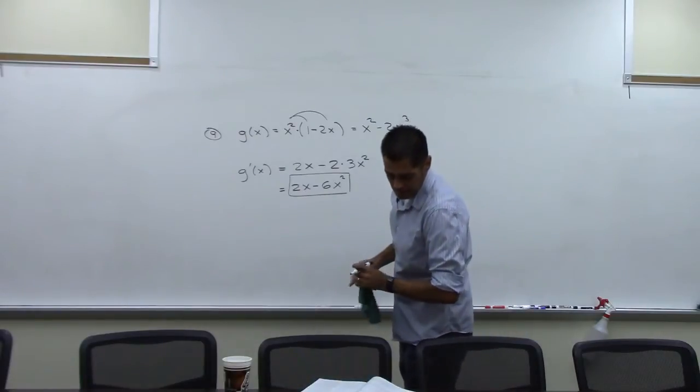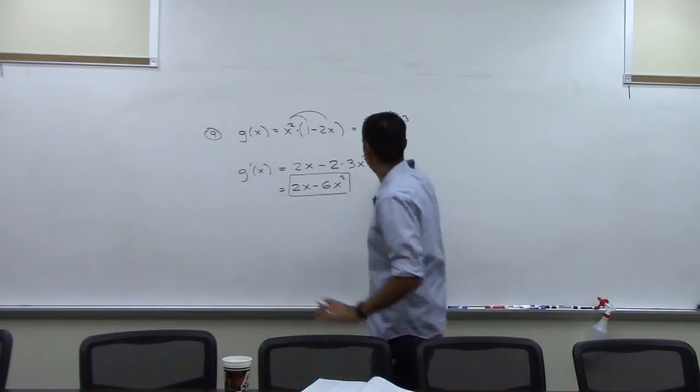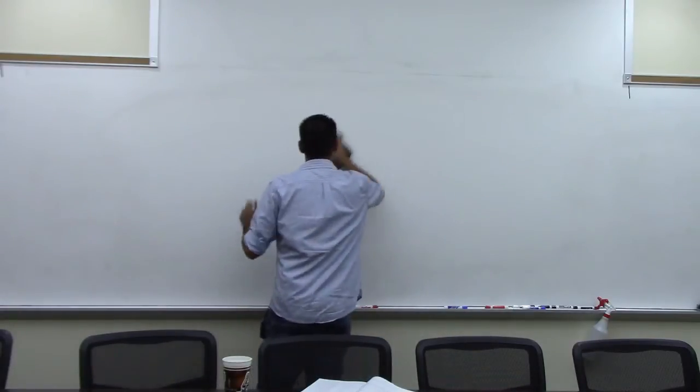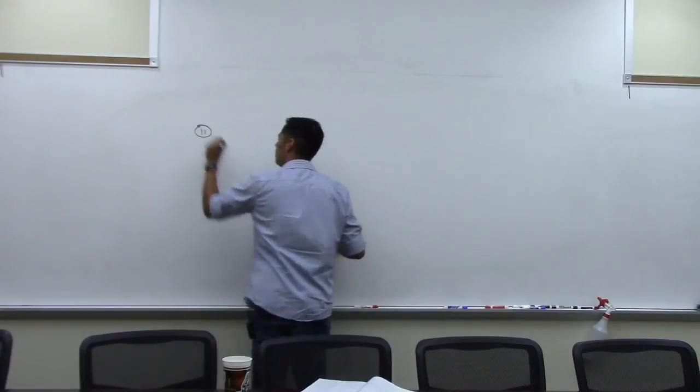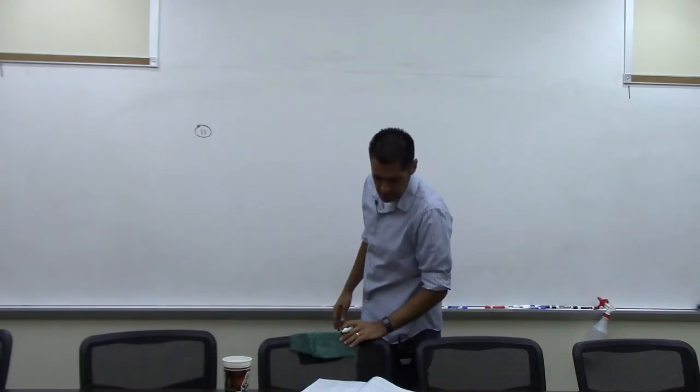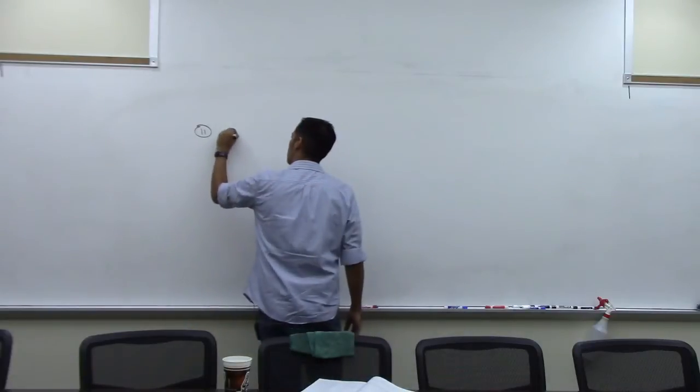All right, let's look at 11. G of t is 2t to the negative 3/4.